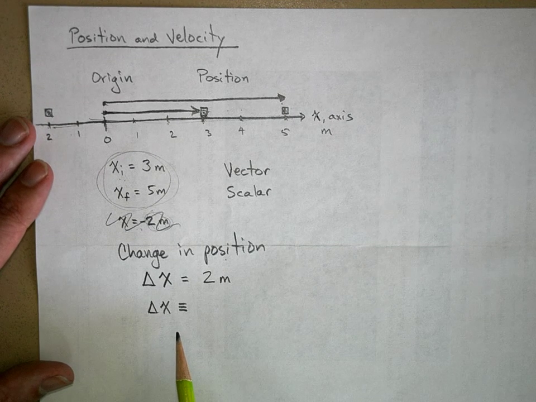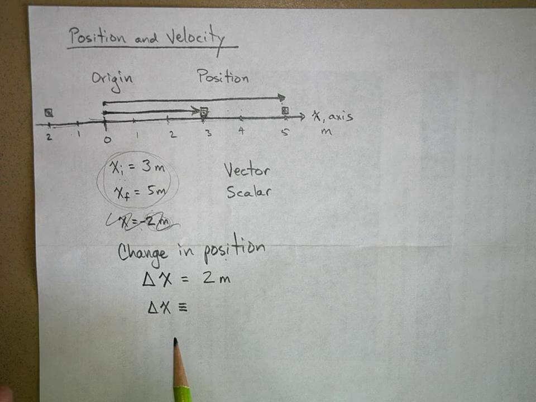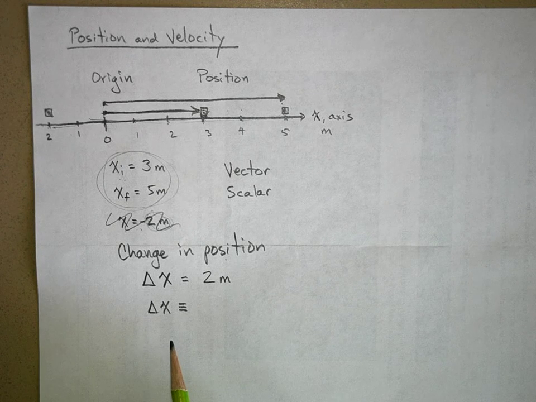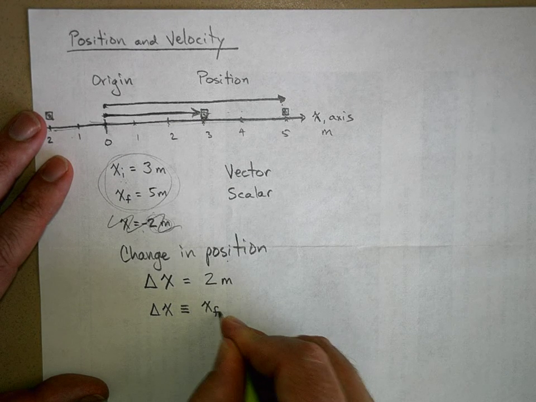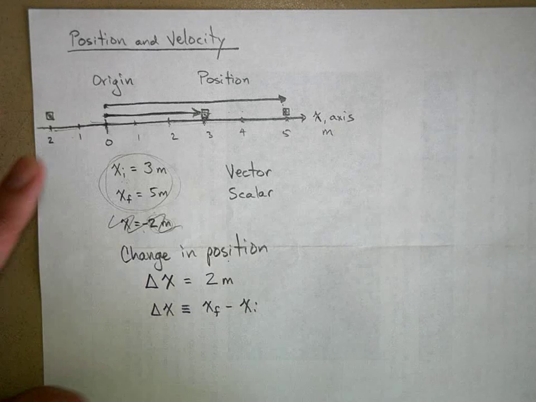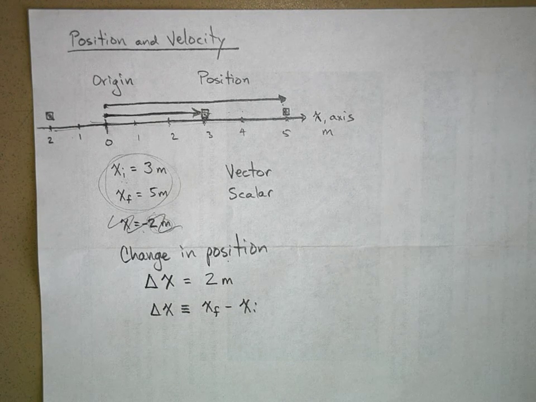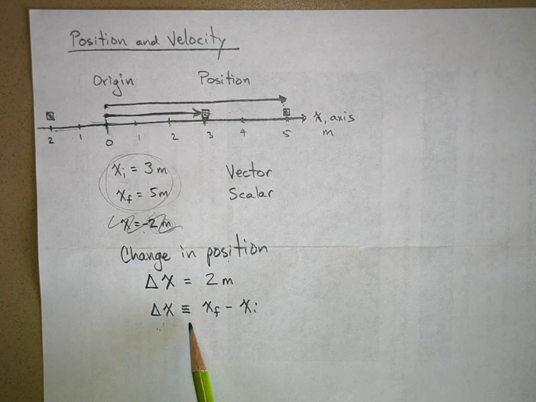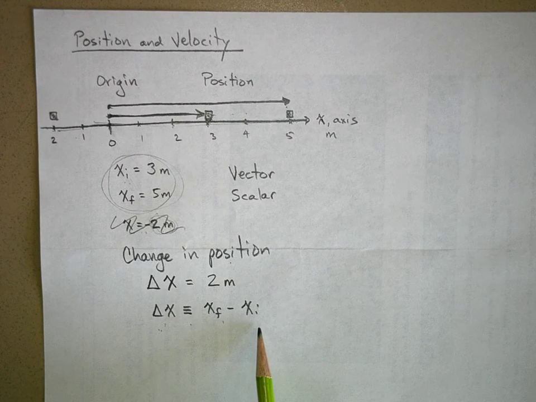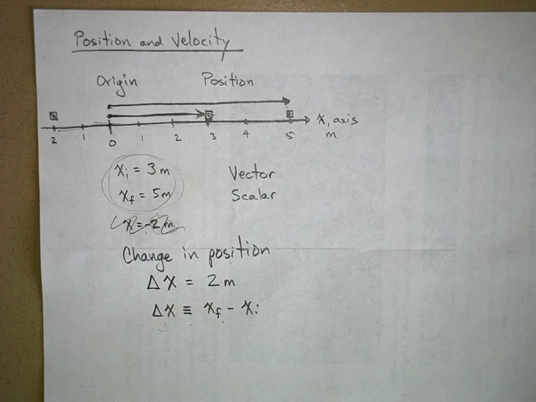If you've never seen it before, this is a mathematical shortcut for saying, hey, delta x is not only equal to the final position minus the initial position, delta x is defined to be the final position minus the initial position. So this isn't saying delta x is equal to this. It's saying delta x is defined to be this. It's even more than equal. It's like defined.